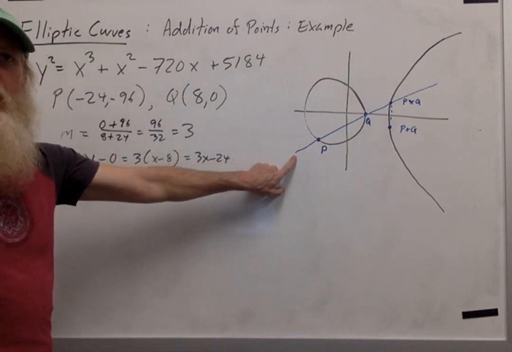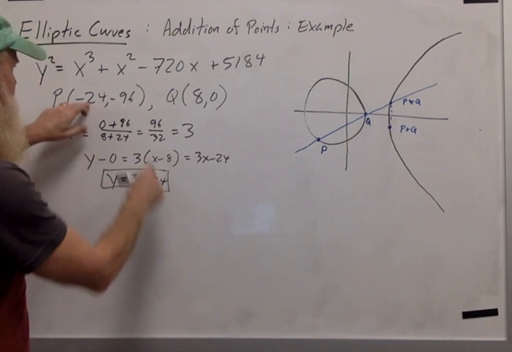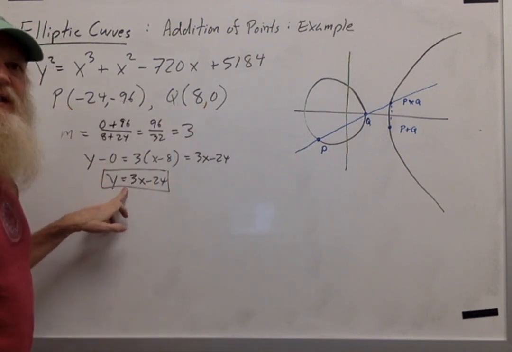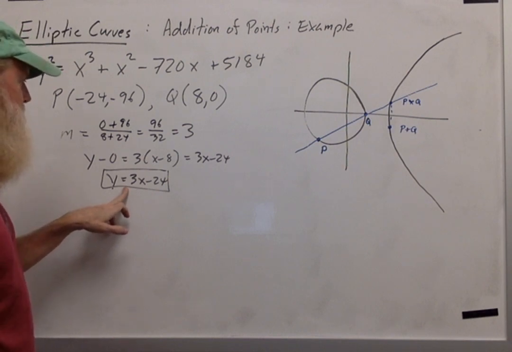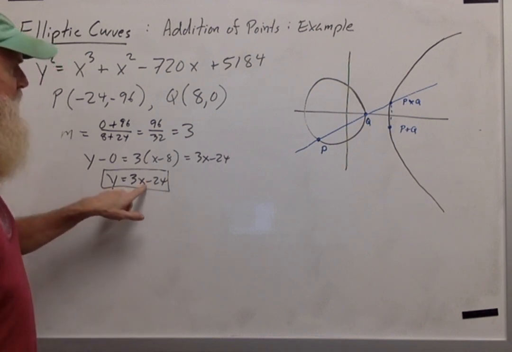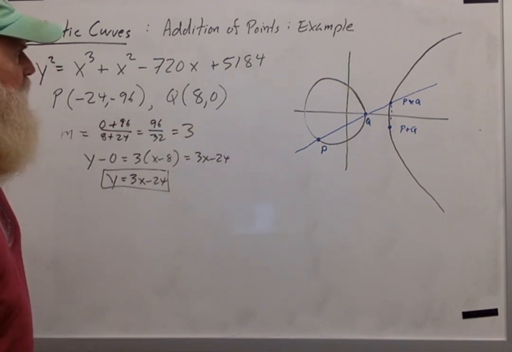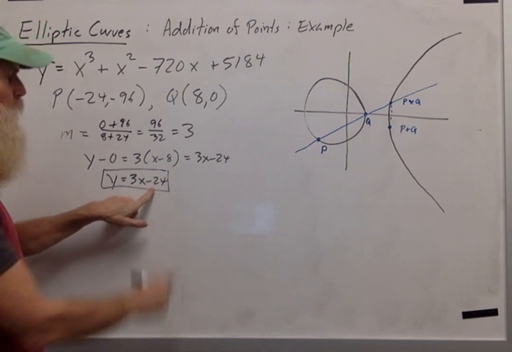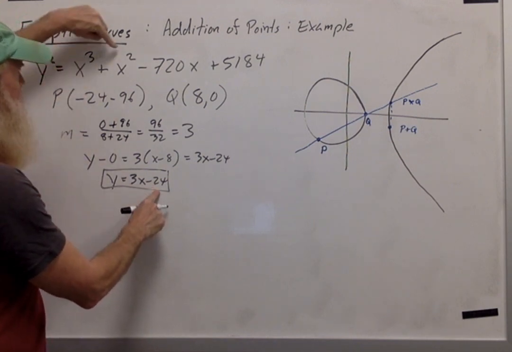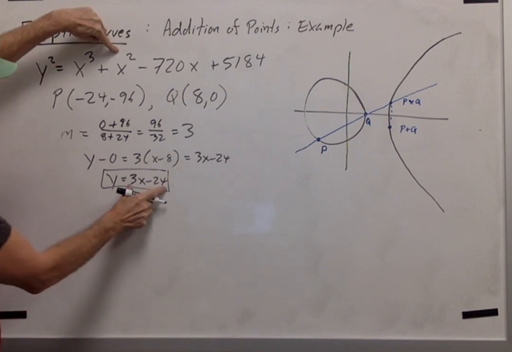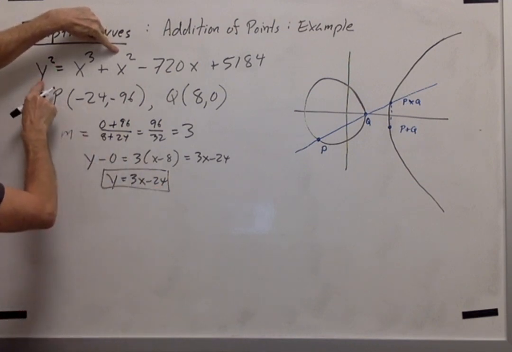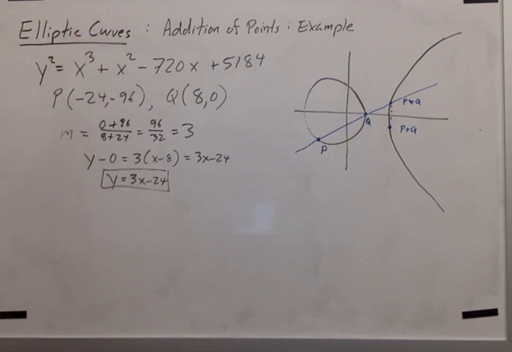Now, if you like to check your work as you go along, then you can take each of these points and make sure that it satisfies the equation for the line. Now, this line intersects the curve in 3 different places. The way we can find where this line crosses this curve is to substitute 3x minus 24 in for y, and then solve for x. That'll give us the 3 x-coordinates.